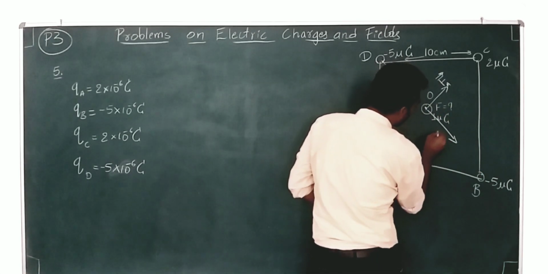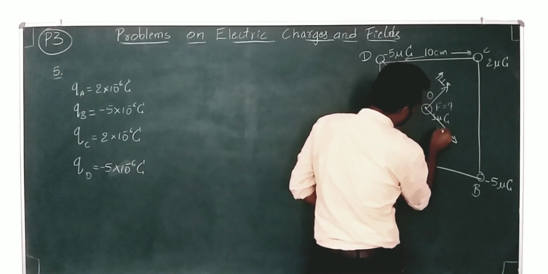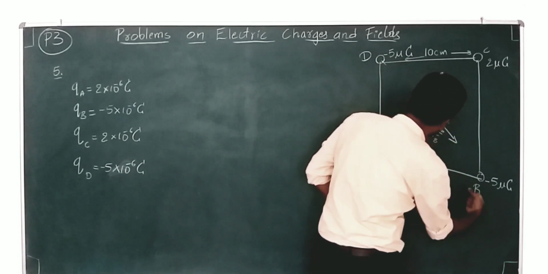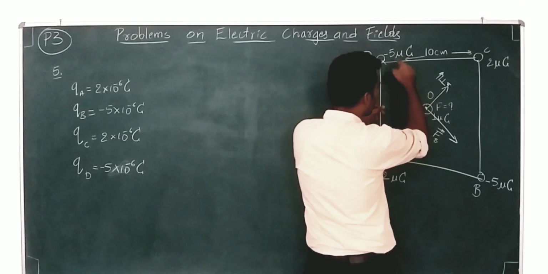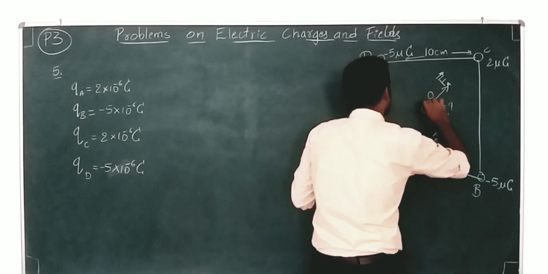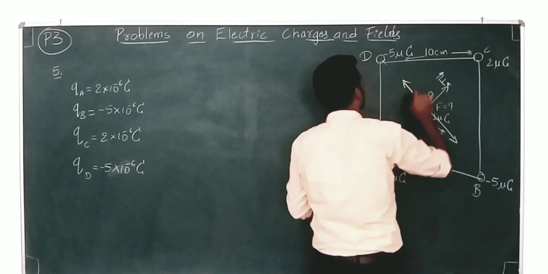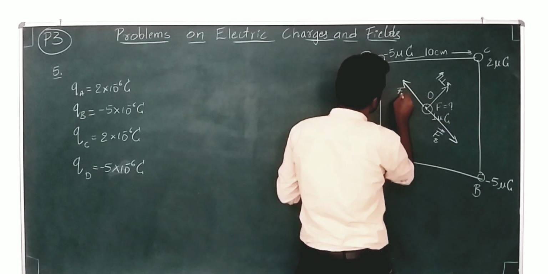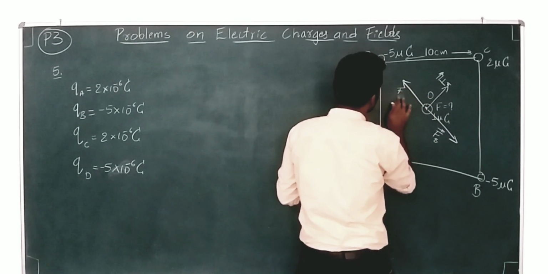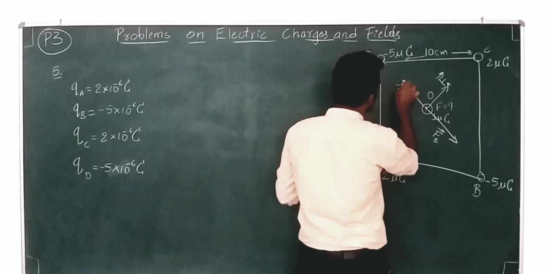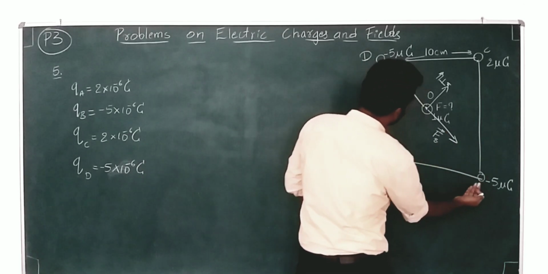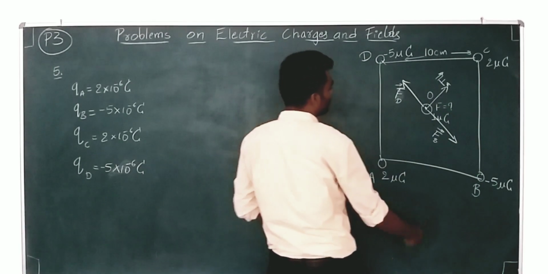So it is FB, in this direction. How about D? That's also minus 5 microcoulomb, so it will also attract. This is FD, which is exactly opposite to that of FB.